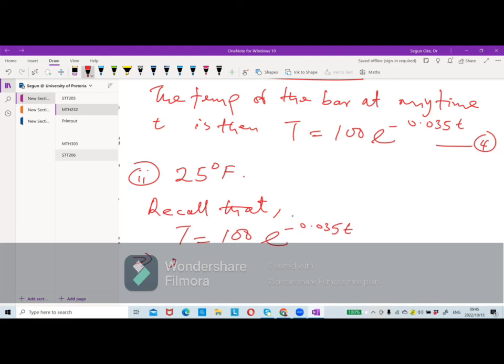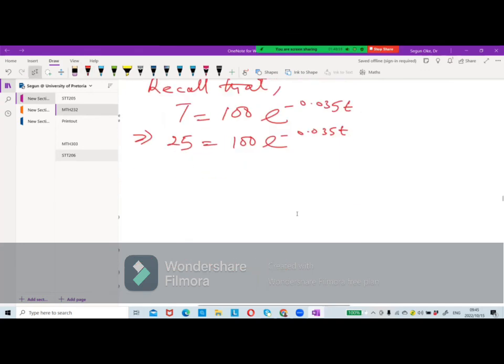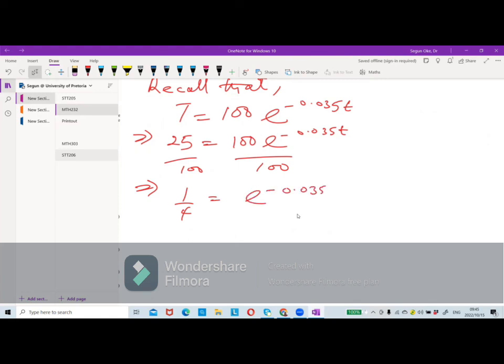Which implies 25 equals 100 exponential minus 0.035t. When you divide both sides by what? 100. So you have 1 over 4 equals exponential minus 0.035t.